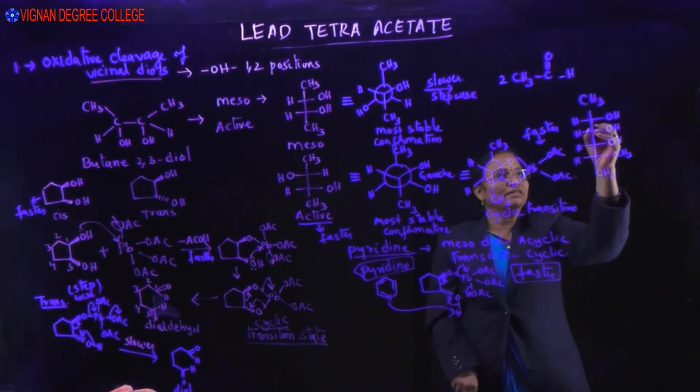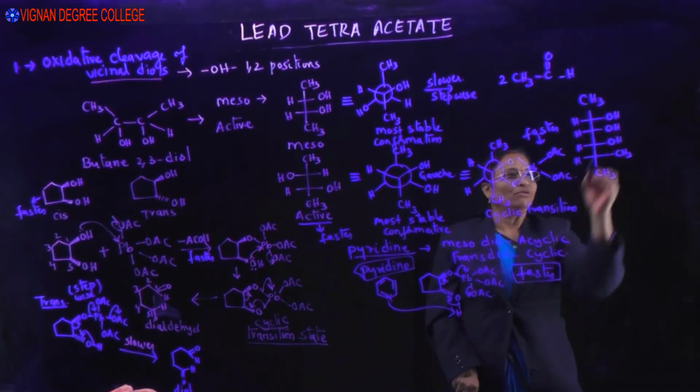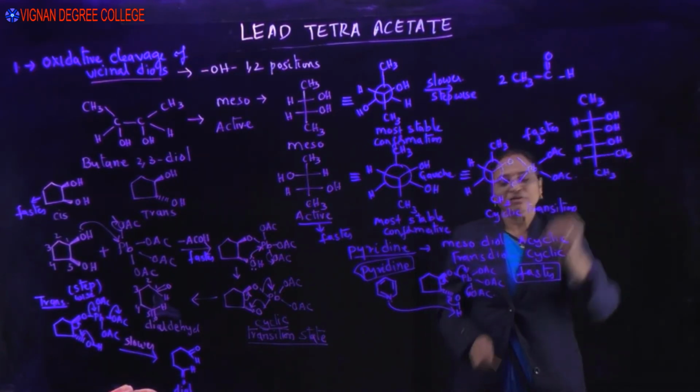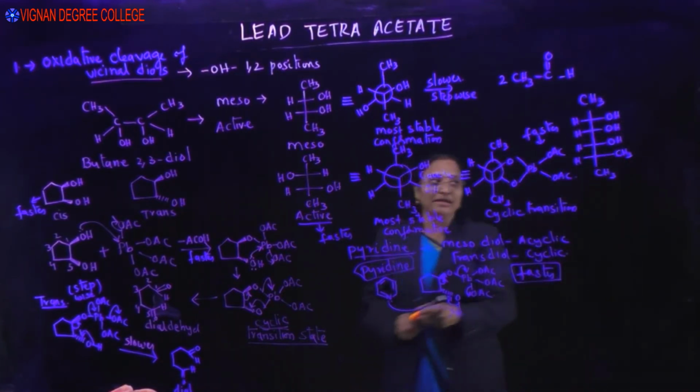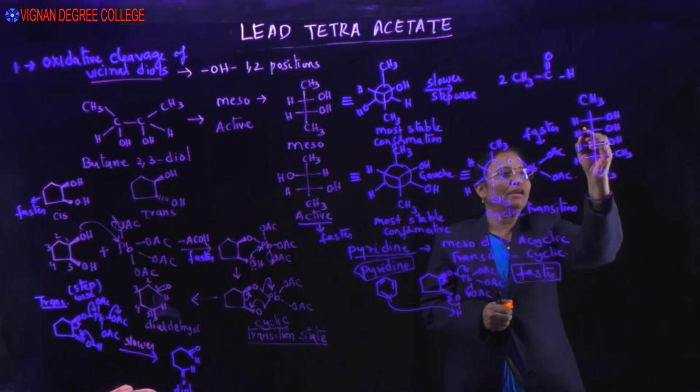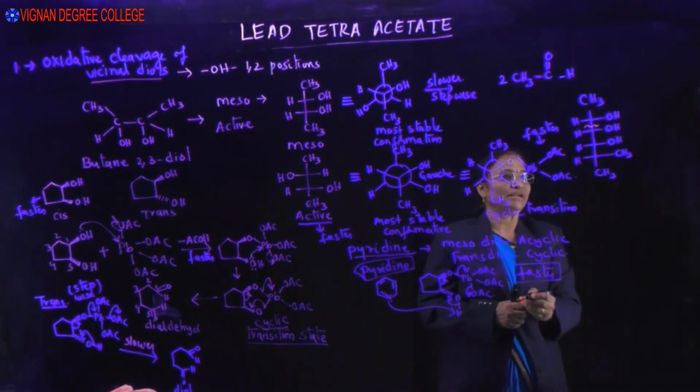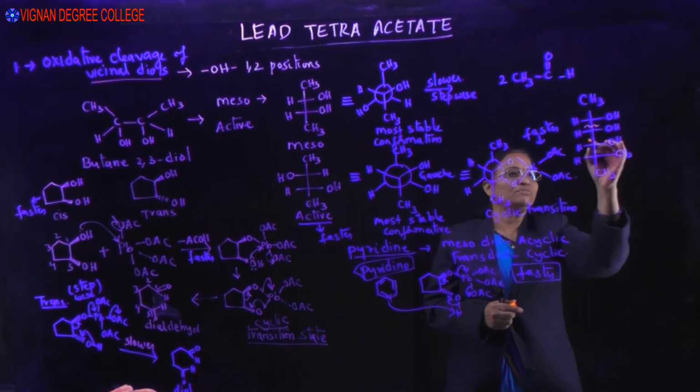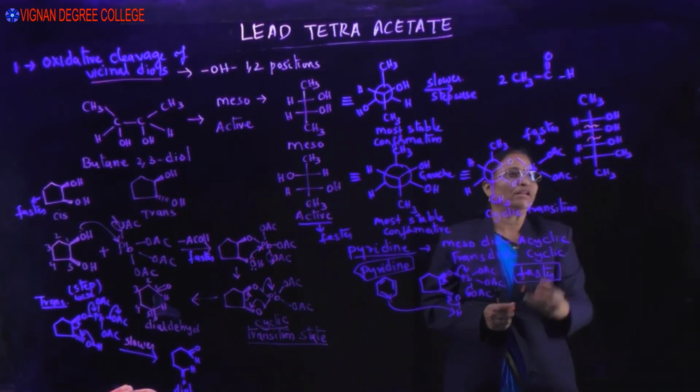So, if you take this carbon-carbon bond, you have the 1,2 diol present at the adjacent carbon atoms. So, this can undergo cleavage by using your lead tetraacetate. Similarly, this bond can undergo cleavage. This bond cannot undergo any cleavage.